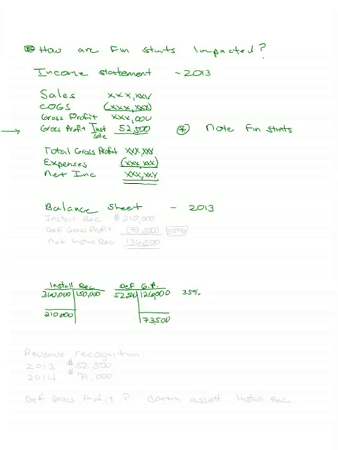So on our balance sheet, under assets, we have an installment receivable in the amount of $210,000. And then we have a contra account to that, known as deferred gross profit, which should be running 35% of it, in the amount of $73,500.